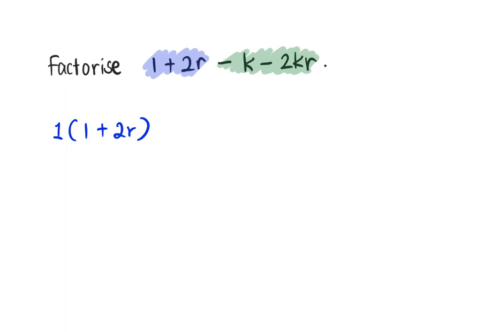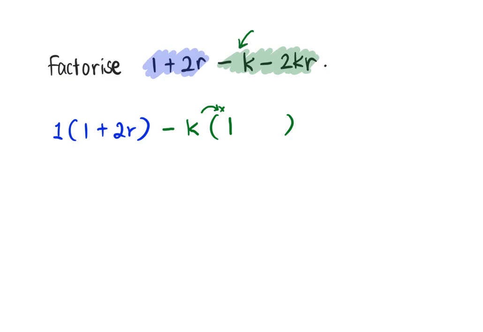Next, I will have a minus, and I saw that the common factor is k. And notice what Mr. Tan writes. There is a 1 here because if I expand out 1 times k, I will get back my negative 1k.